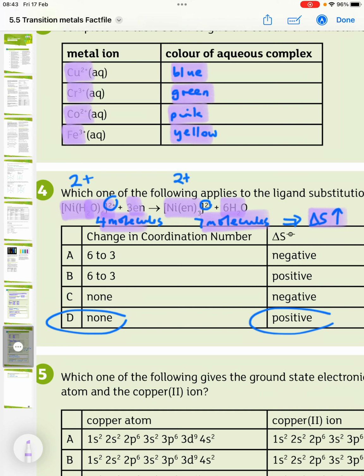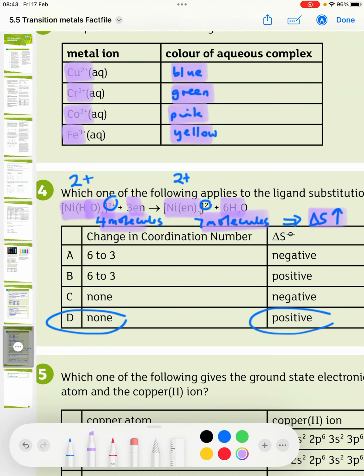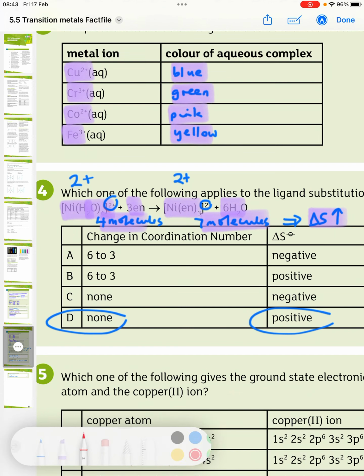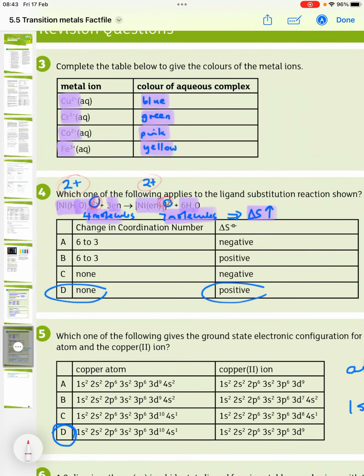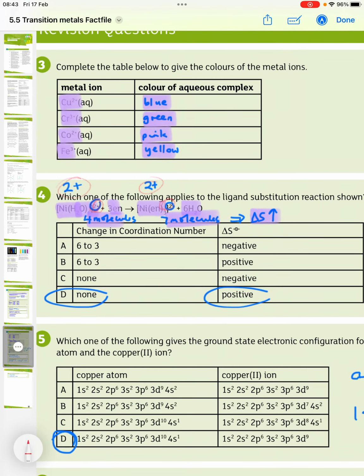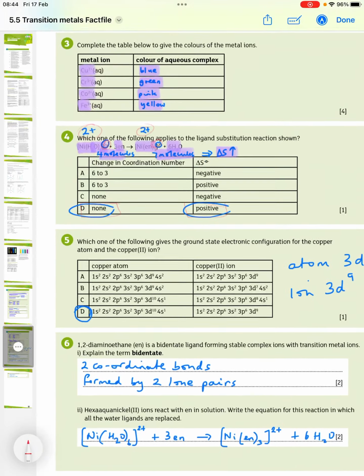The nickel is +2 in both cases, so that means the oxidation state isn't changing, or the coordination number, sorry. So when we look here, it has to be D.